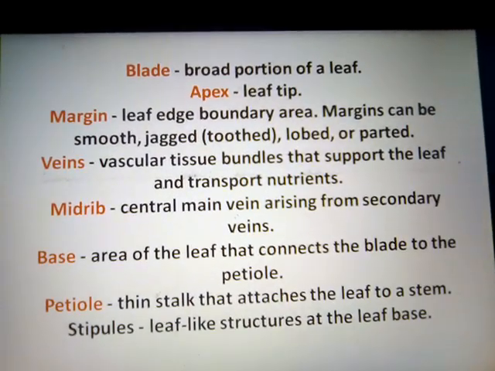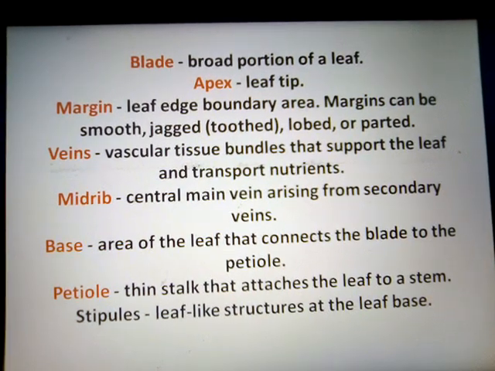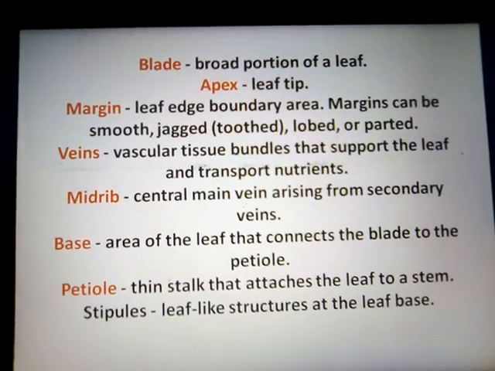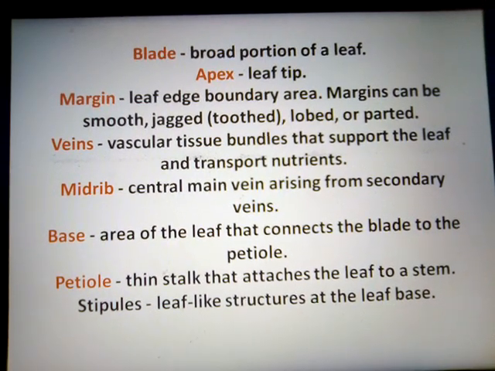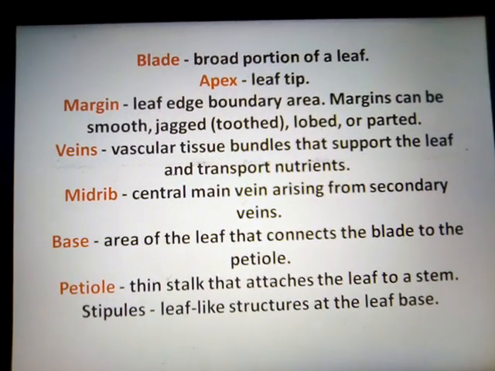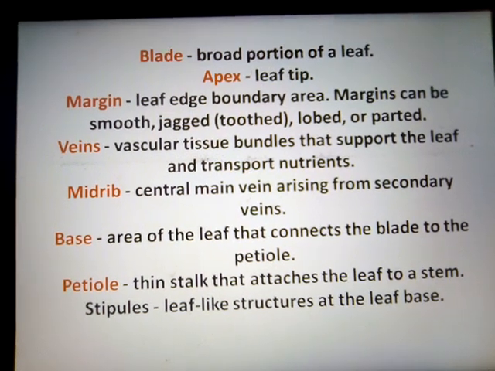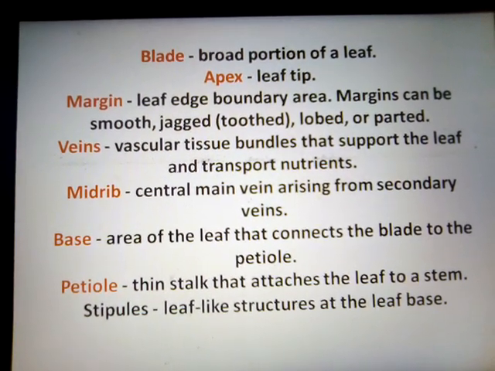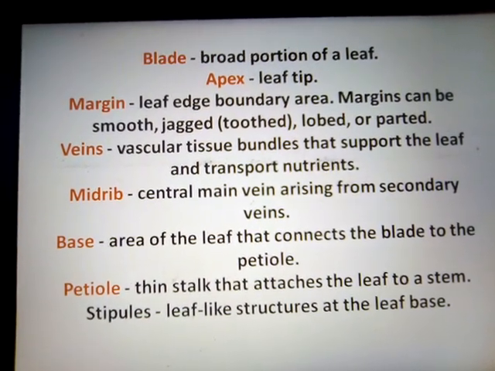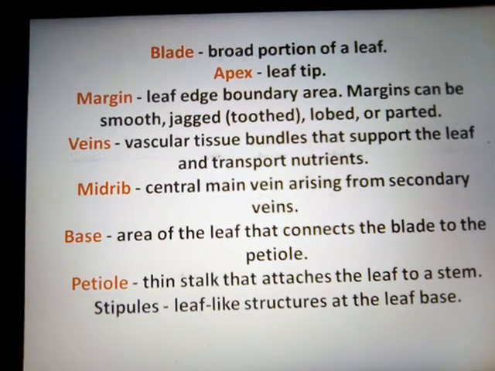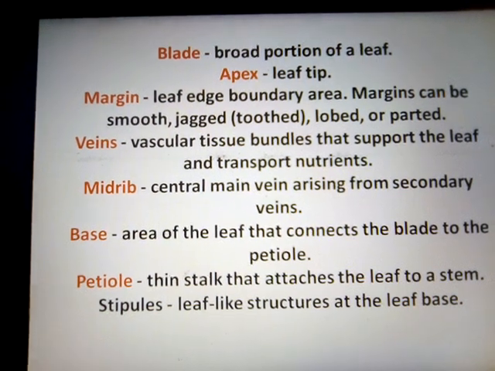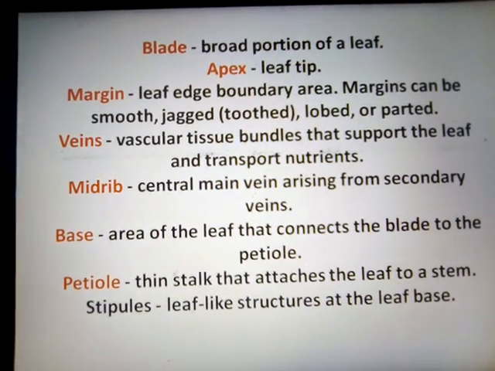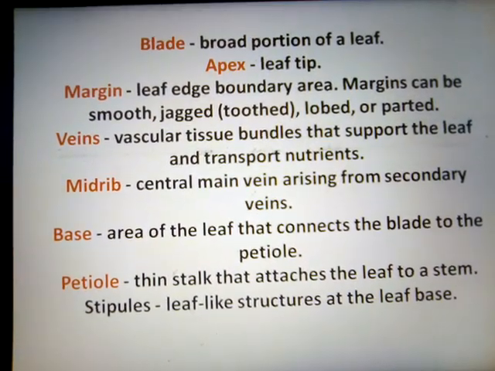Margins can be smooth, jagged or toothed, lobed, or parted. Veins. These are vascular tissue bundles that support the leaf and transport nutrients. Midrib. It is a central main vein arising from secondary veins.